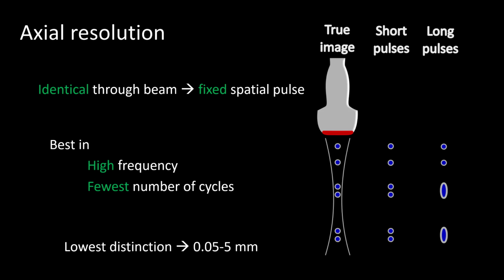Hence, as seen on the graph, a short pulse and high frequency leads to improved axial resolution. A long pulse leads to poor axial resolution, and two separate objects may thus appear as one. Notice from this graph, this is in no way related to the depth of the structures or the focal point. Axial resolution is entirely dependent on frequency and transducer.